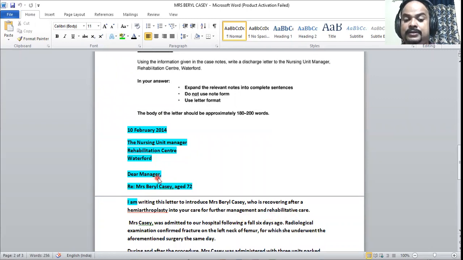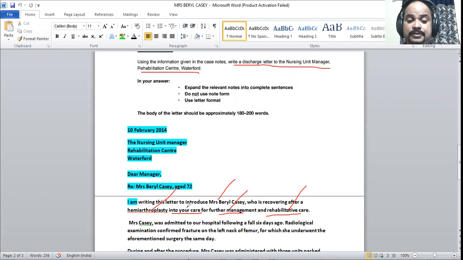So you are writing to the manager, so that's why you have written into your care for further management, because you manage the thing, and rehabilitate care. So you are in charge of the rehabilitation center. So if you are writing the discharge letter to this nursing unit manager, you have to write the purpose as for the management and rehabilitative care. Clear. The patient name, condition, recovering after hemiarthroplasty.